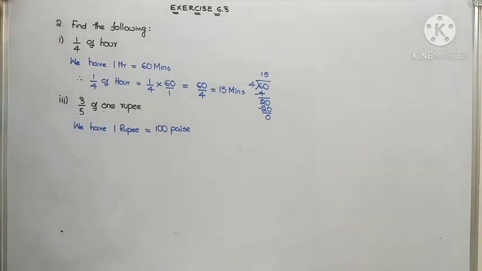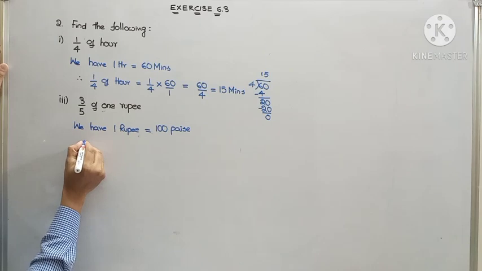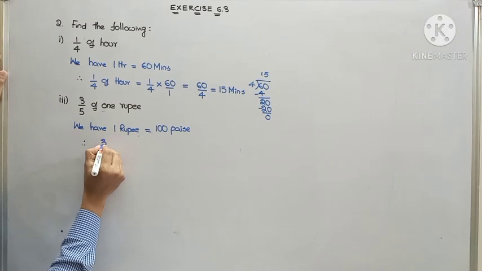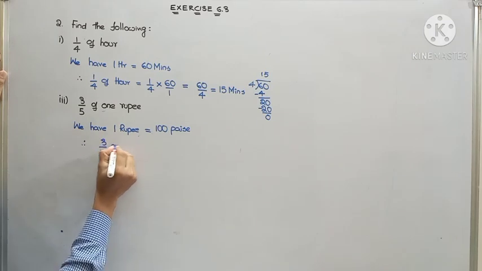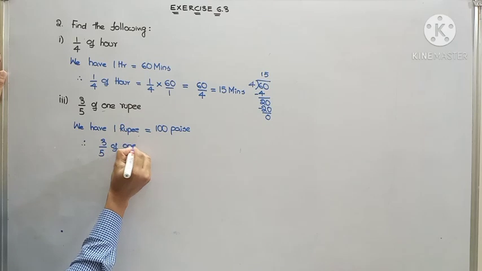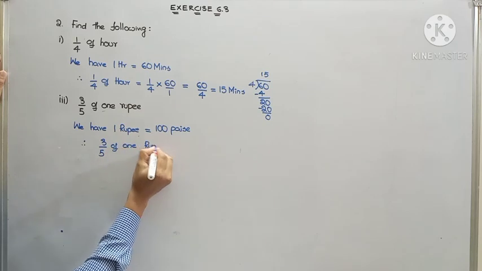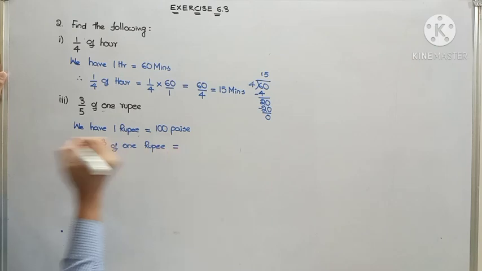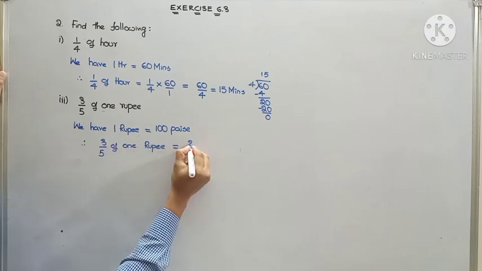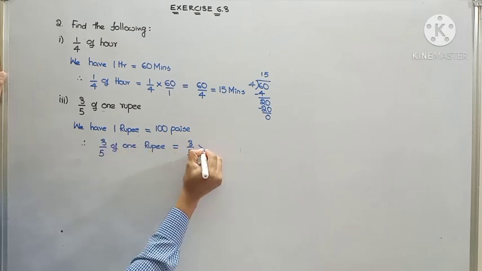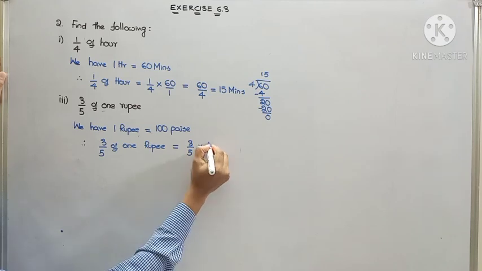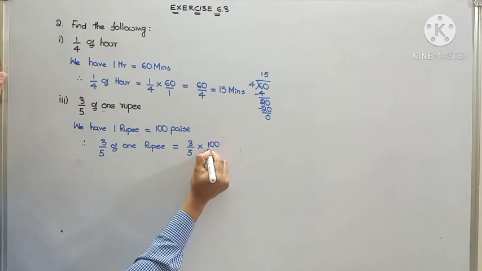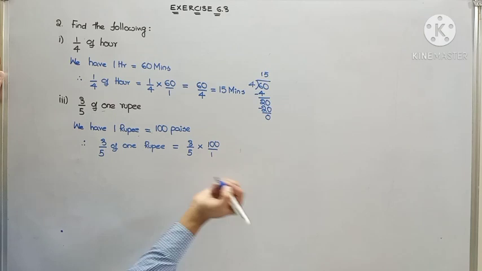So therefore, 3 by 5 of 1 rupee will be equal to 3 by 5 of, means multiplication, 100. If there is no denominator, what will we take? 1.